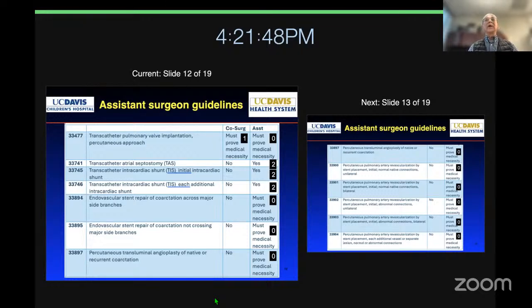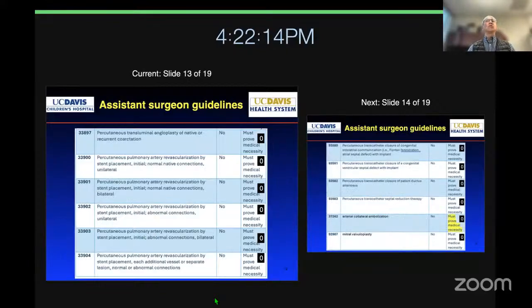If you put in a transcatheter shunt, for example, let's say an atrial stent, that would be allowed as an assist. Coarctation is also allowed as long as you give medical necessity: endovascular stent for coarctation, angioplasty for coarctation as well. These all require proving necessity. But again, if it's a 2, then it is allowed.